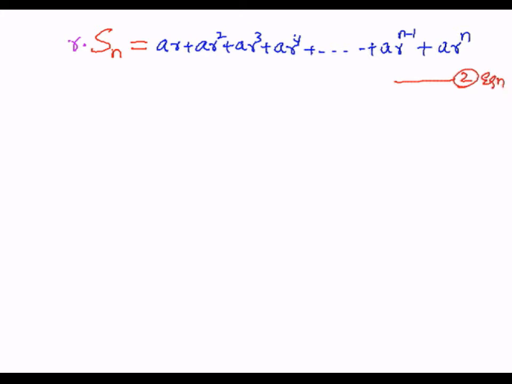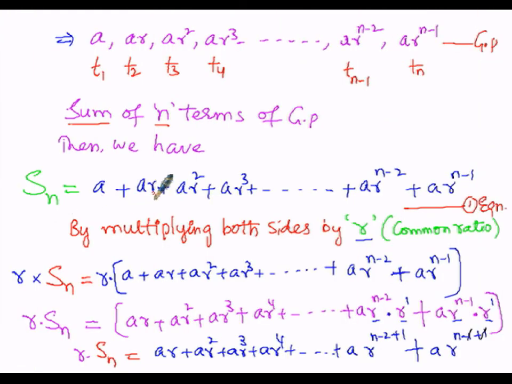From the first equation we are going to subtract the second, so it is the minus symbol, from 1 minus 2. So the first equation is, Sn is equal to a plus ar plus ar square plus ar cube and so on, ar to the power of n minus 2, ar to the power of n minus 1.